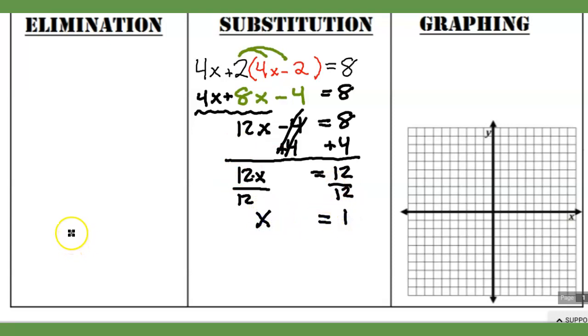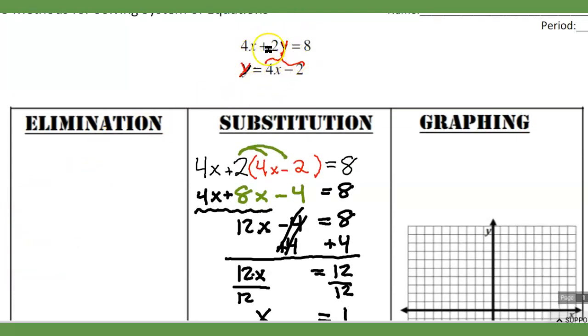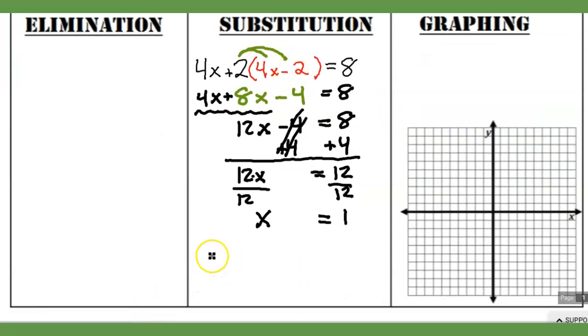We know x equals 1. And then substitute it back into either equation. It might be easier to substitute in the second one here. y equals 4x minus 2. So since x equals 1, y equals 4 times 1 minus 2.